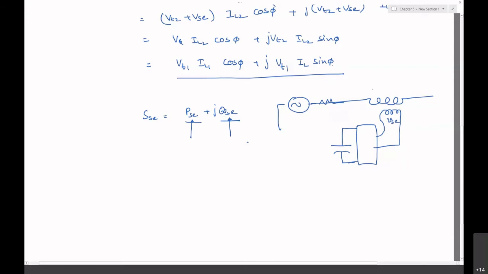So we cannot make use of a capacitor alone; it cannot support this real power. In order to support the real power, we need to make use of a standby AC source, which is connected to a rectifier over here.